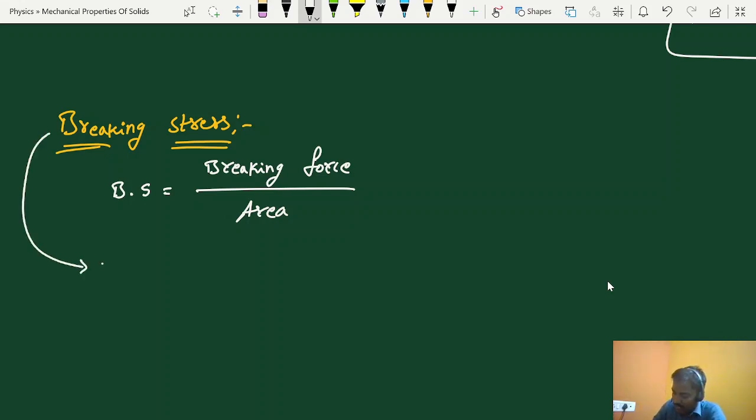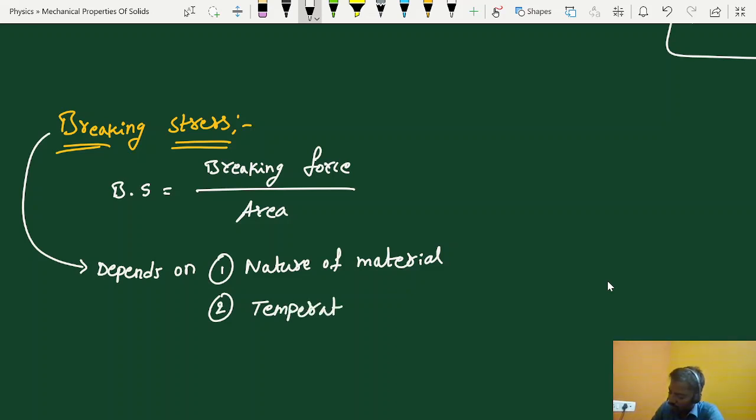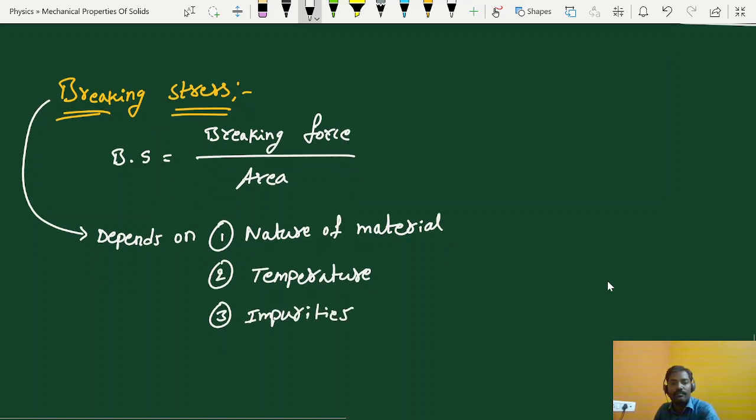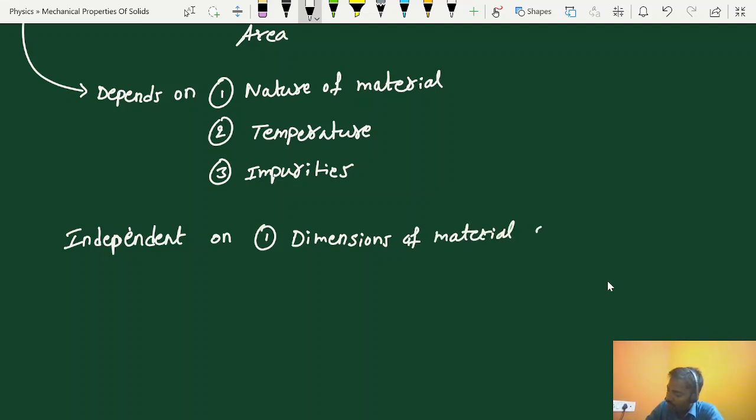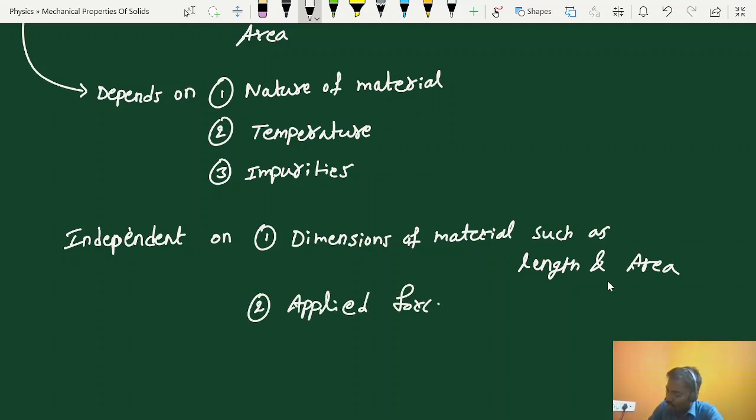Breaking stress depends on the nature of material, temperature, and impurities added, and it is independent of the dimensions of the material such as length and area of cross section, and it is also independent of applied force, right?